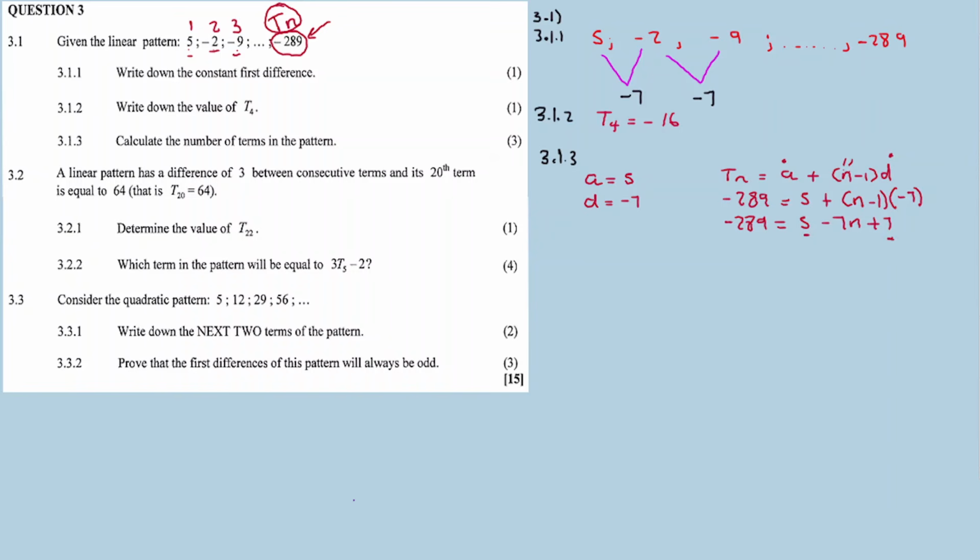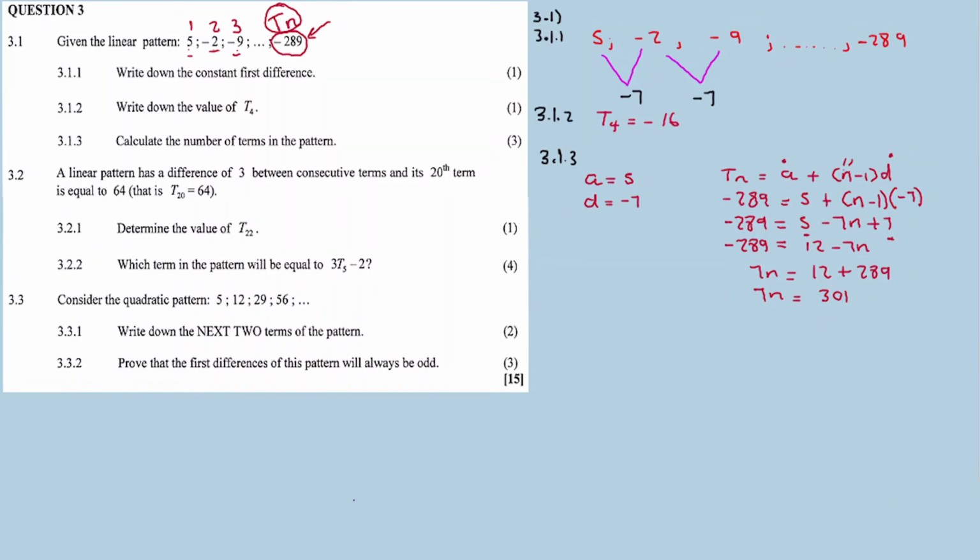So 5 and 7 are like terms, which give us 12. Then I isolate the 7n, which becomes positive 7n, and I transpose the negative 289 to the other side. This means the 12 will add to 289 because when I transpose it, it becomes positive 289. 12 plus 289 gives me 301.